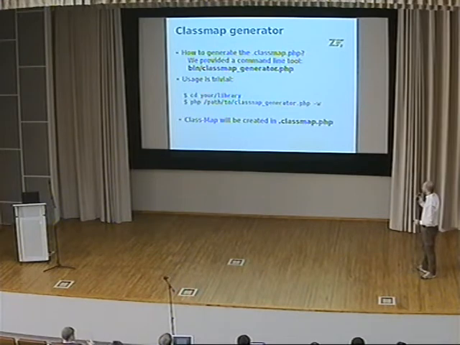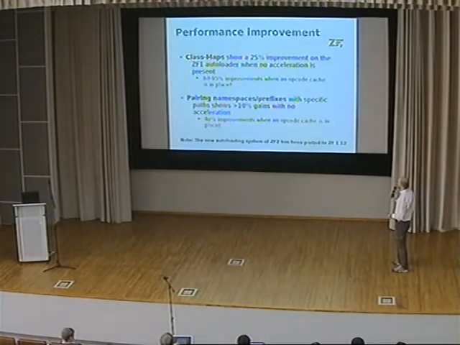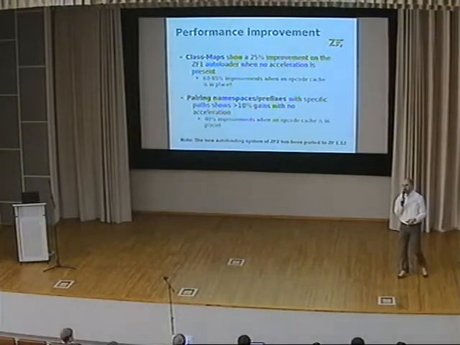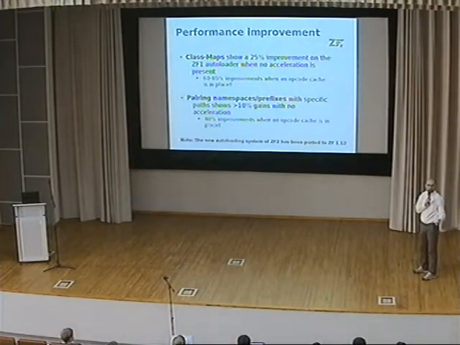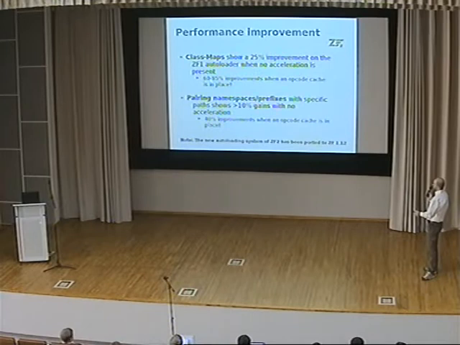So why did we decide to implement this class map? Because the performance improvement is huge. If you compare the performance of the autoloading system of Zend Framework 1 with the new autoloading system of Zend Framework 2, you get this kind of improvement.